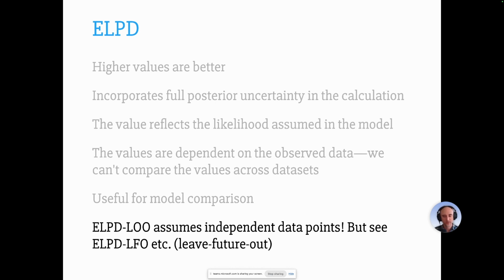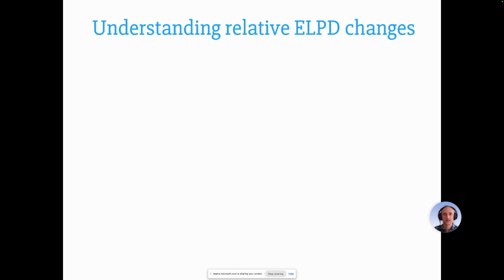There are other forms where instead of leaving each data point out, you can do things like LFO, leave future out, expected log predictive density, where you basically are chunking the data into future sections and trying to predict a step ahead, see how well it predicts those data points, and so on. And as you can imagine, you can do the same thing with spatial data. It's all the same. It just depends how you chunk up your data and whether you're doing every single data point or chunking it up by time or by space.